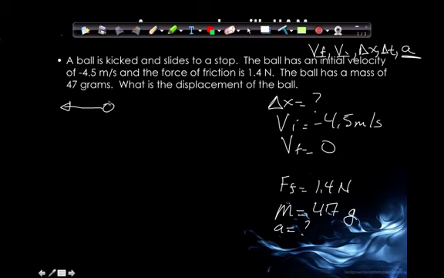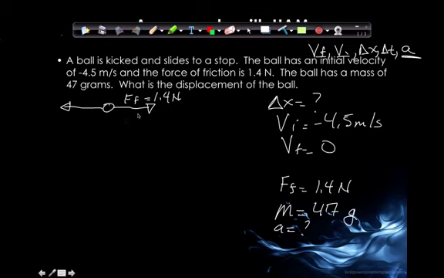So let's go back to the ball. It's being kicked to the left, and then it slides to a stop, and it has a force of friction acting on it. So force of friction is going to be in the direction opposite of the motion.